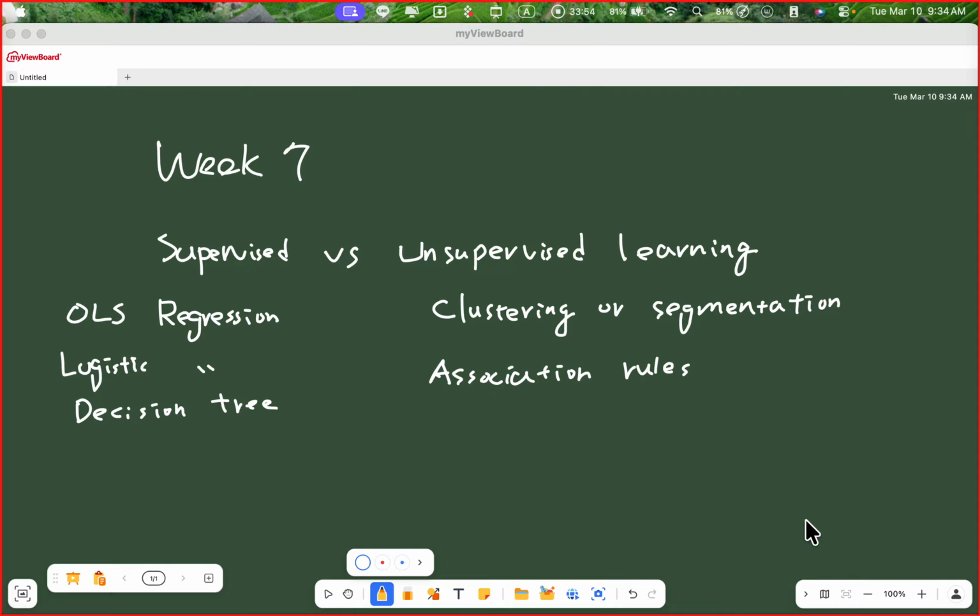Even if you have another variable that is also categorical as your independent variable, you have a continuous or categorical independent variable and a categorical dependent variable, then you should apply logistic regression.